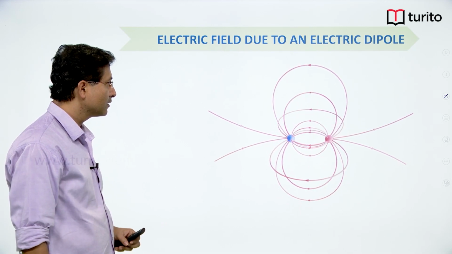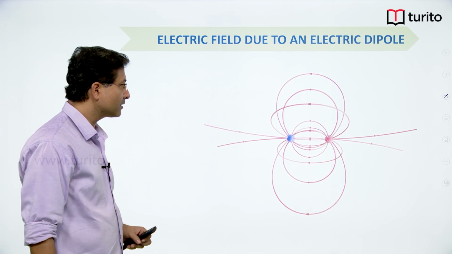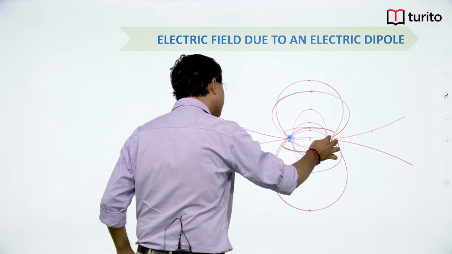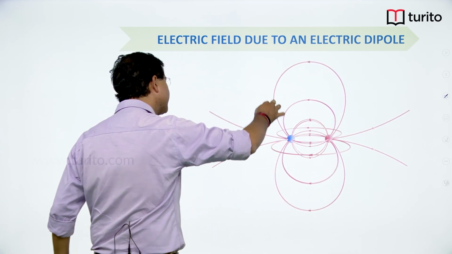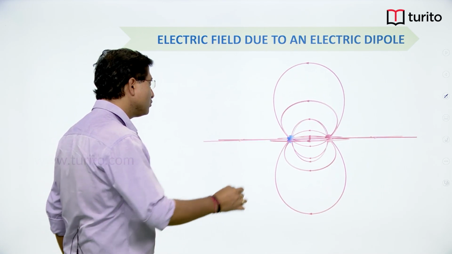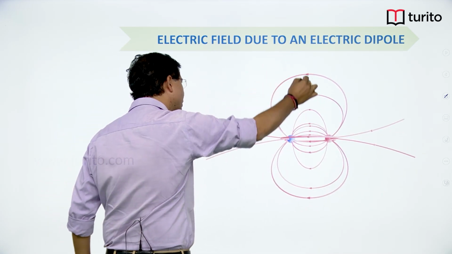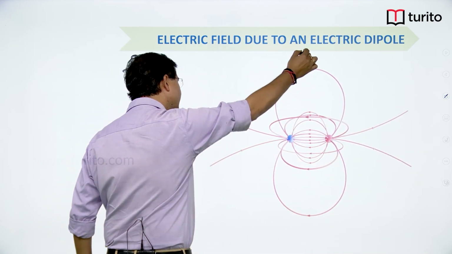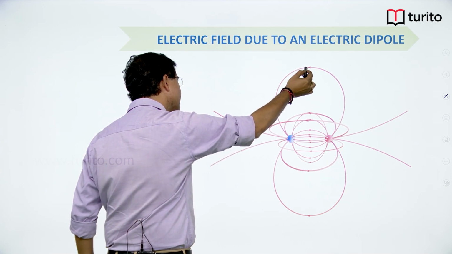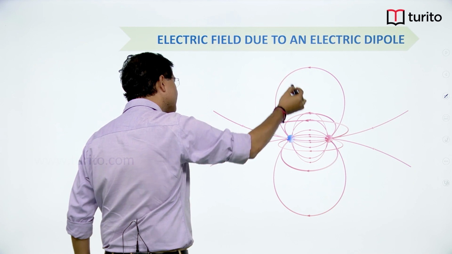Look at this animation, lines are originating from positive charge and terminating at negative charge, right. You can see at any point on the bisector, the field line is towards the negative x direction, right.